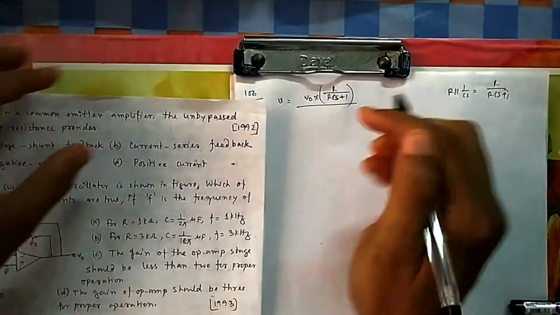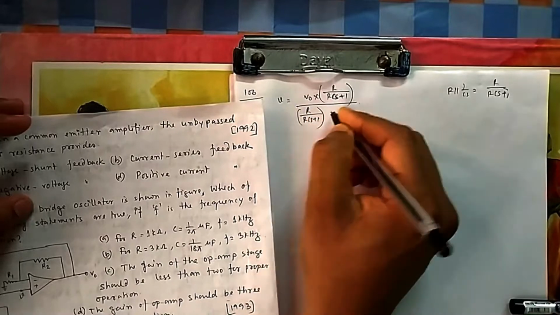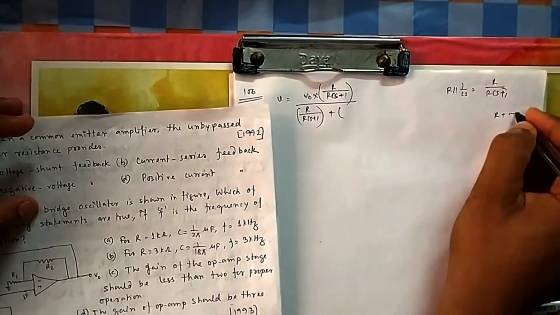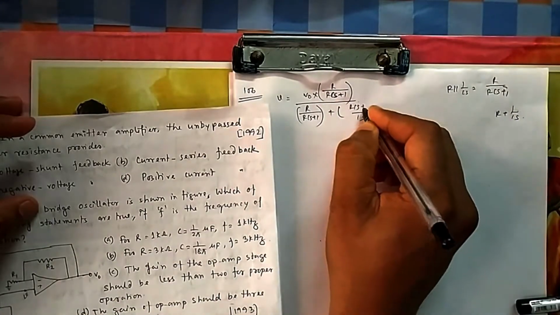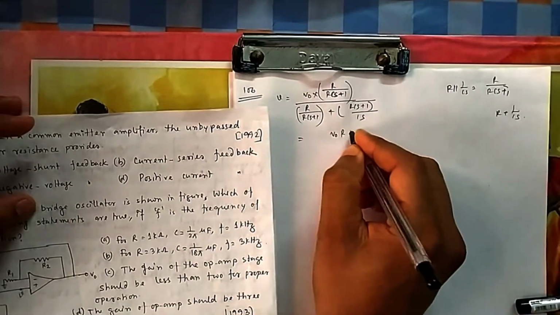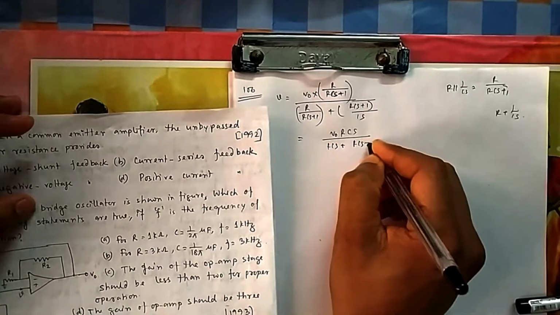What will be the total impedance? The total impedance will be this plus that series path. The series path is R plus 1 by CS, which is RCS plus 1 by CS. So ultimately if you simplify, it will look like this: V equals V0 RCS divided by RCS plus 1 whole square.